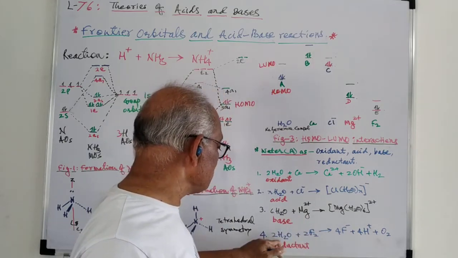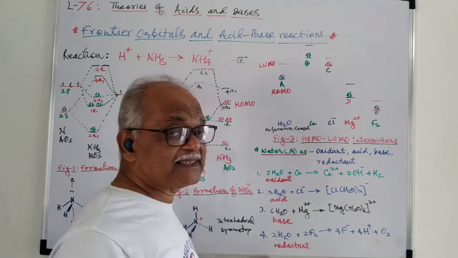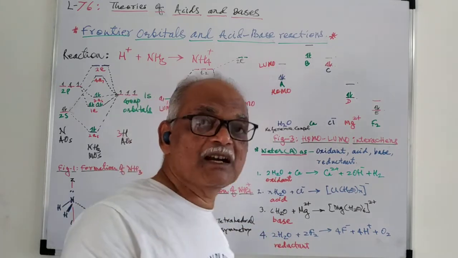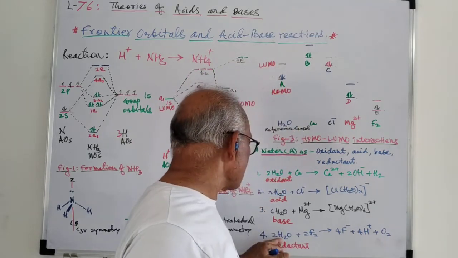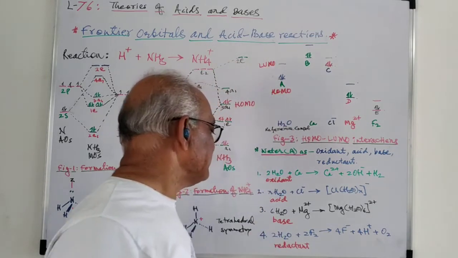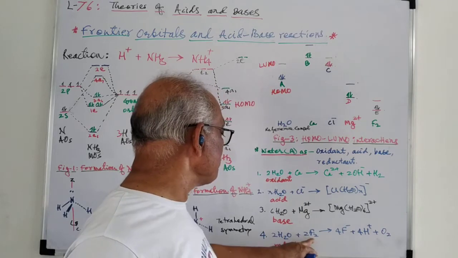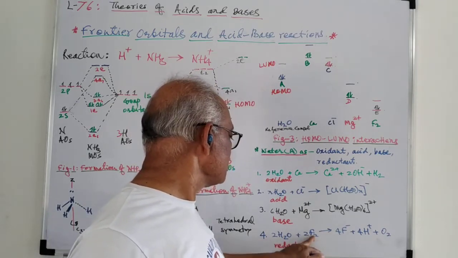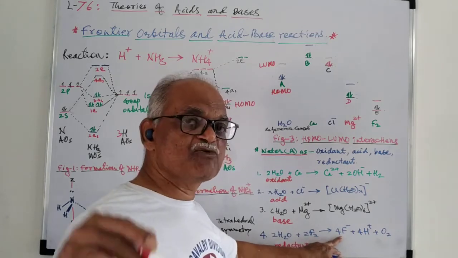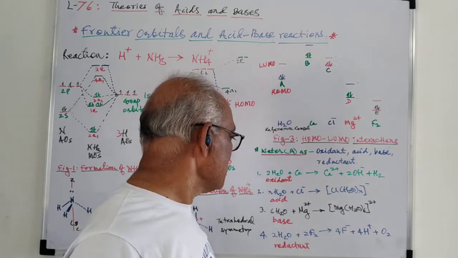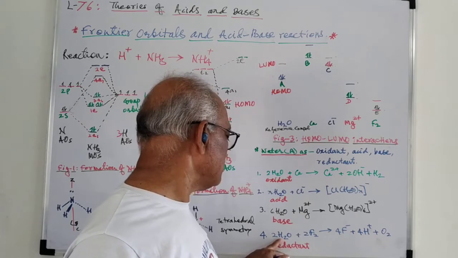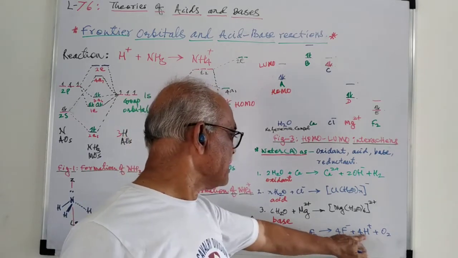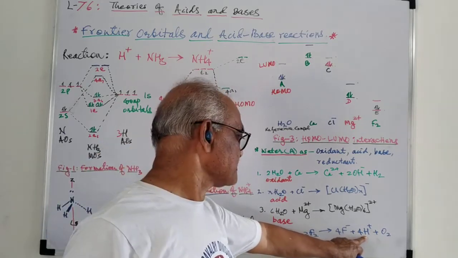Similarly, in the fourth case, you will find that water acts as a reductant, meaning it reduces another substance. Here water donates its electron pair to fluorine. As a result, the neutral species is converted into anions, 4F minus, and the hydrogens donate their electrons, so they are converted into H plus.